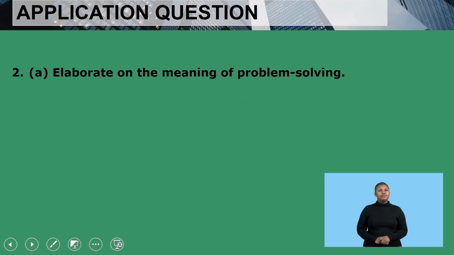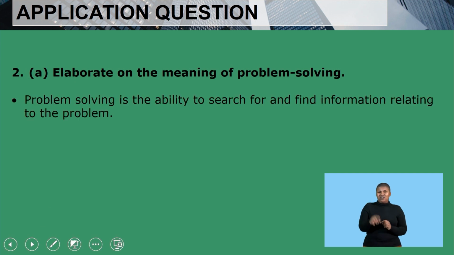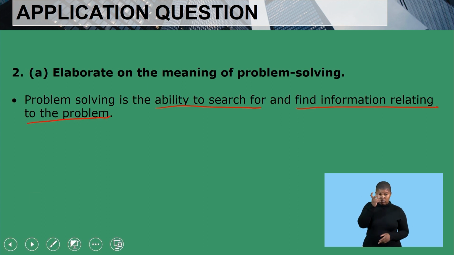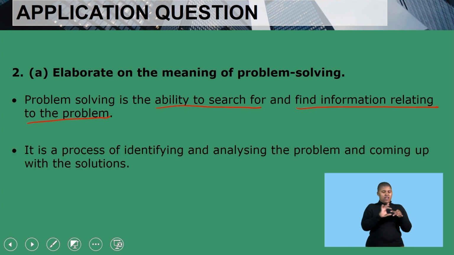All right, we're moving on to the next question. The next question says, elaborate on the meaning of problem solving. Right, so what is problem solving? It is the ability to search for and find information relating to the problem. You are searching and you're finding information that relates to the problem.